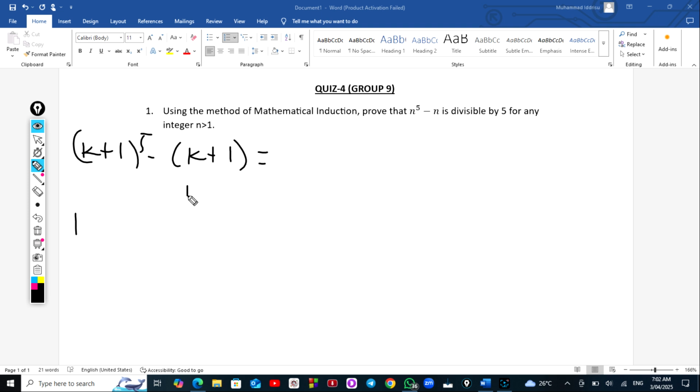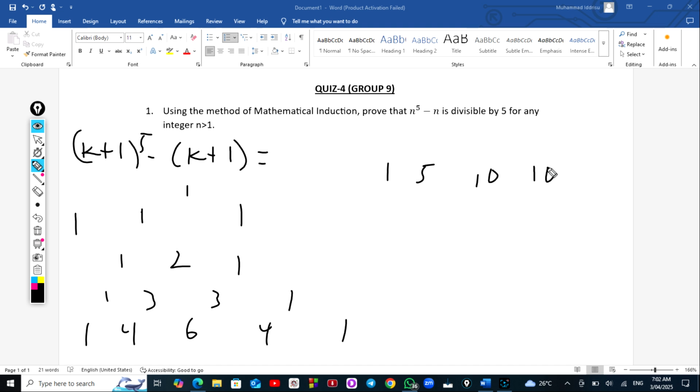If we start from 1, this is to the power 0, the next one will be 1 1, to the power 1, 1 2 1, to the power 2, 1 3 3 1, to the power 3, 1 4 6 4 1, to the power 4, 1 plus 4 is 5, 4 plus 6 is 10, 6 plus 4 is 10, 5 1, this to the power 5.